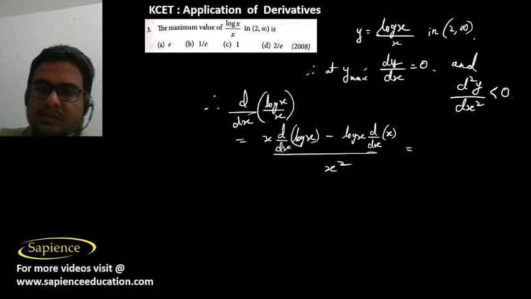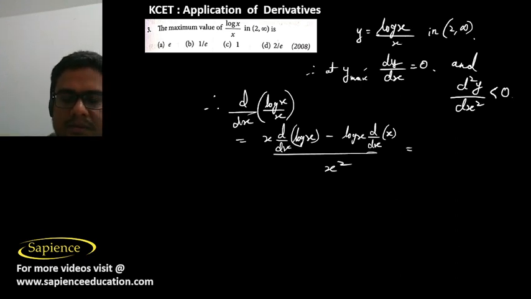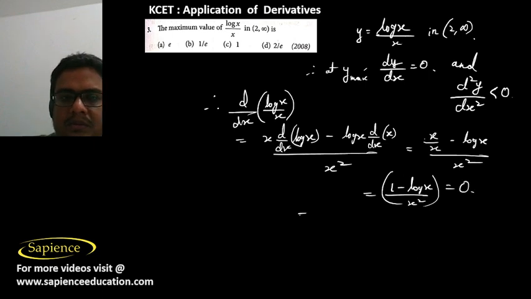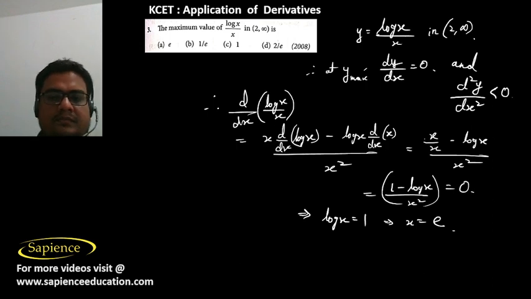This is 1 minus log x by x square. This should be equal to 0, so log x should be equal to 1, that is x equal to e.